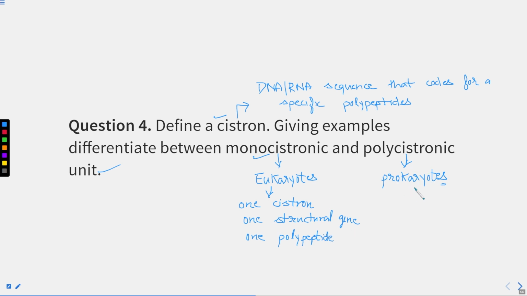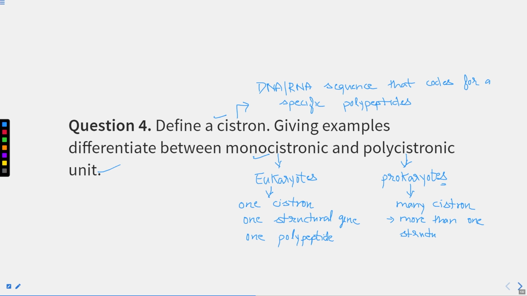Then what about polycistronic? It consists of many cistrons, or you can say it consists of more than one structural gene.